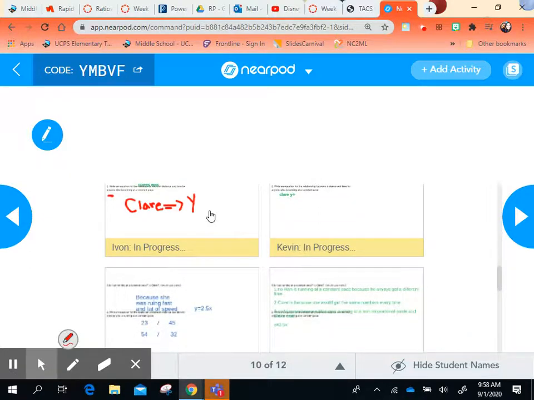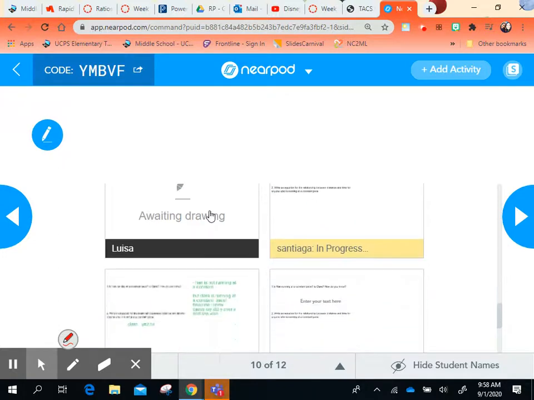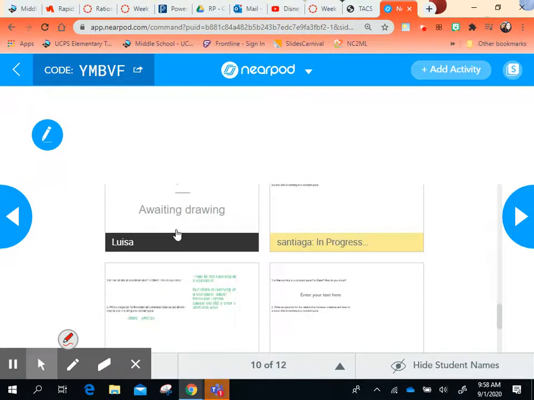Remember, you can type your answer, even if you have y equals 2.5x. You can also write that with your text. I'm going to move on in 5 seconds. So click submit regardless of what you have.